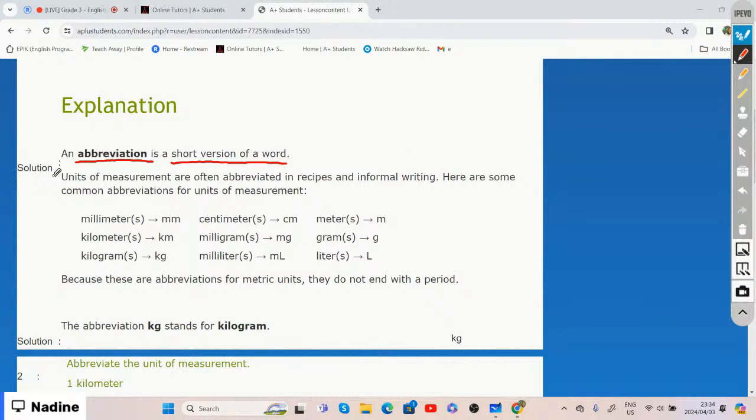So units of measurements are often abbreviated also in recipes, and these ones we also abbreviate in informal writing. We can measure a ruler, you can measure a room, you can measure a desk, you can literally measure anything with these units of measurements.